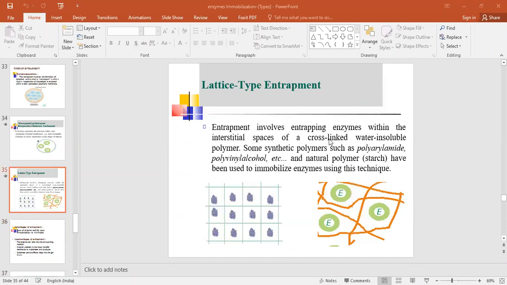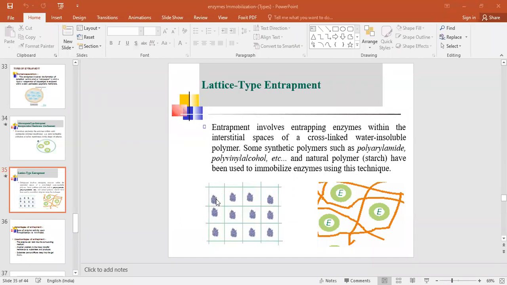The third type of entrapment is the lattice type entrapment. Lattice type entrapment means a cage-like structure or wire mesh-like structure. What happens in this process is that your enzymes are entrapped in the interstitial space. Suppose this is one square.